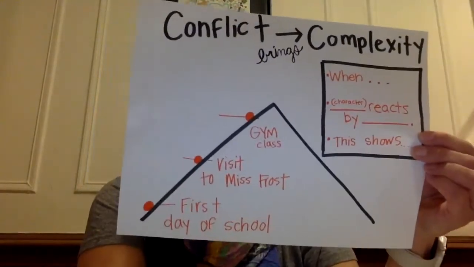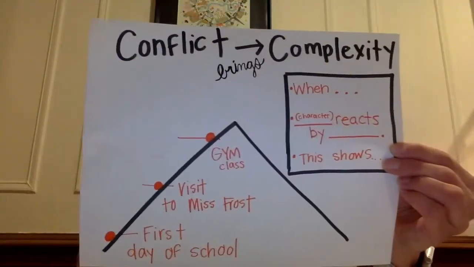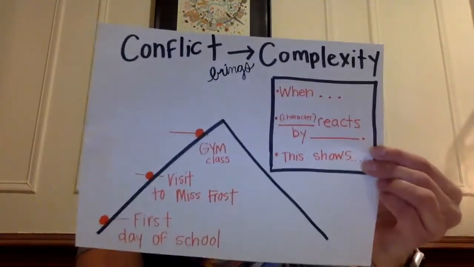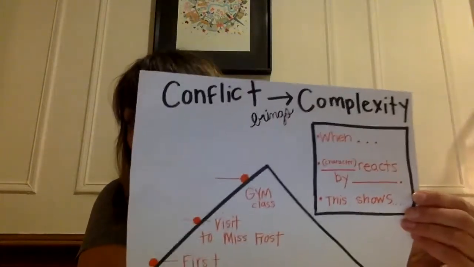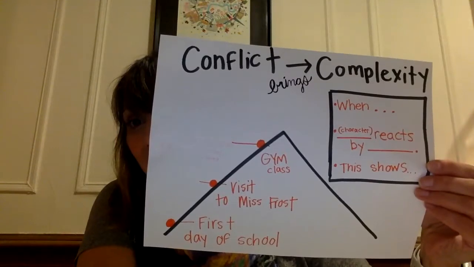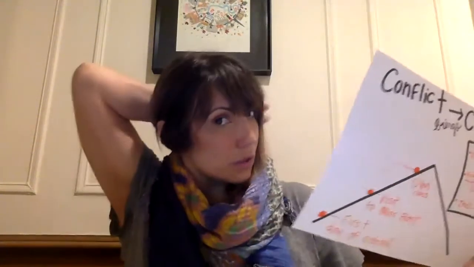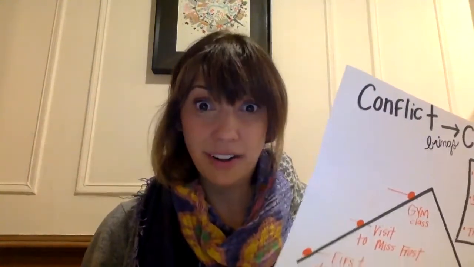So when Ravi visits Miss Frost, he reacts by making fun of Joe, by not even doing the work that she asked him. He turned down the recording, and he was actually eavesdropping on the conversation between Joe and Miss Frost. So he doesn't even do the work. He makes fun of Joe, and then he kind of snaps. He's a little impatient and a bit rude to Miss Frost.